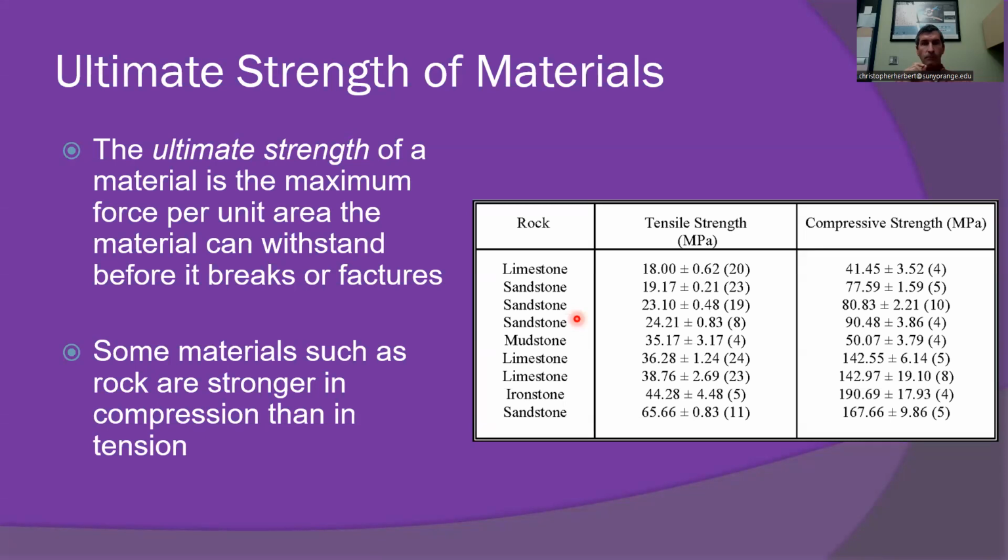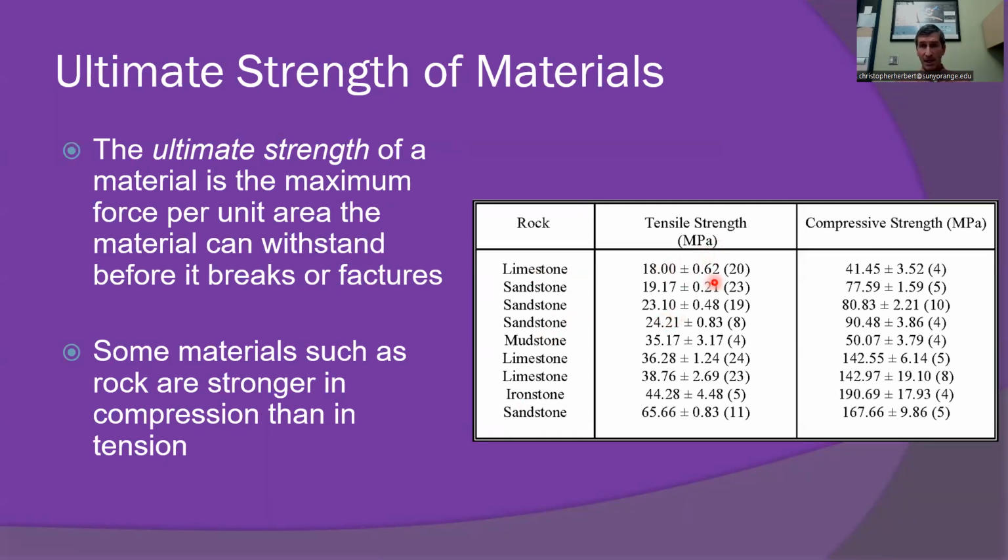Now, the ultimate strengths of material are really the maximum force per unit area the material can withstand before it breaks or fractures. In stone, they are much stronger in compression than they are in tension. And unfortunately, all I have are sedimentary rocks here.